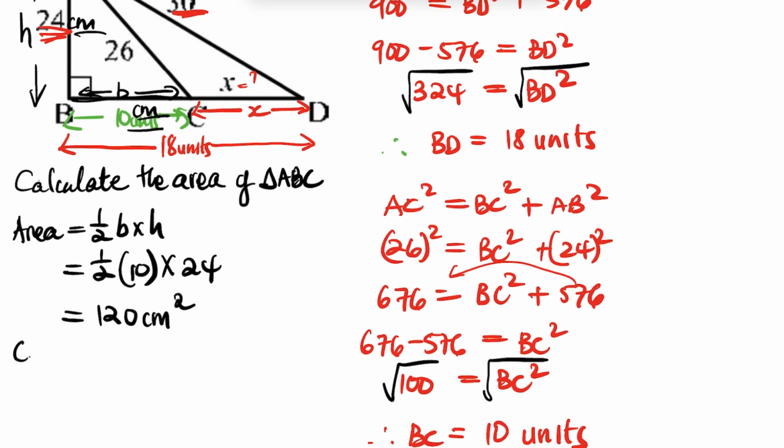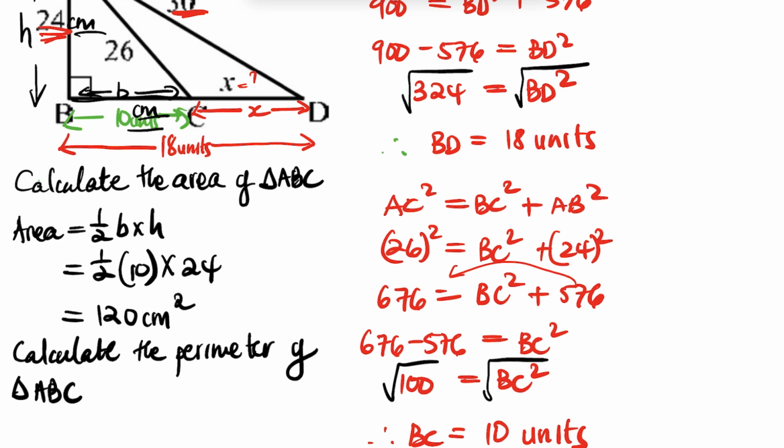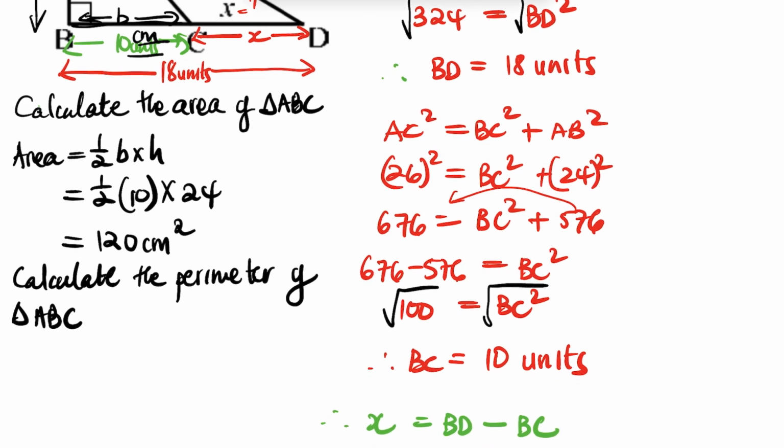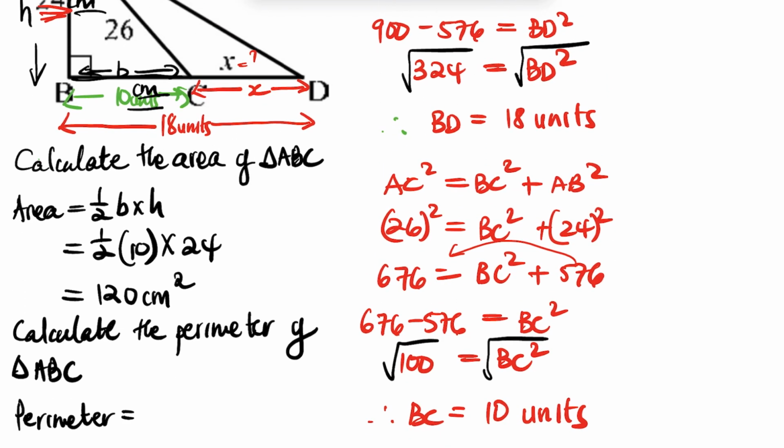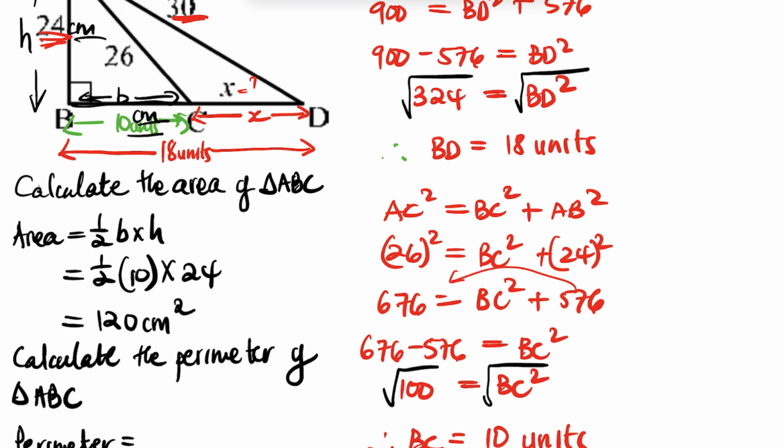Now if the question says calculate the perimeter of triangle ABC. The perimeter, guys, when we talk about the perimeter, we're talking about the sum of all sides. You add all sides. And when we talk about the area, we are calculating the space inside here.